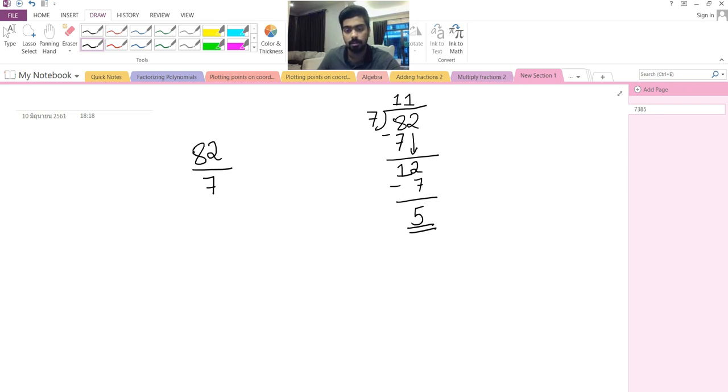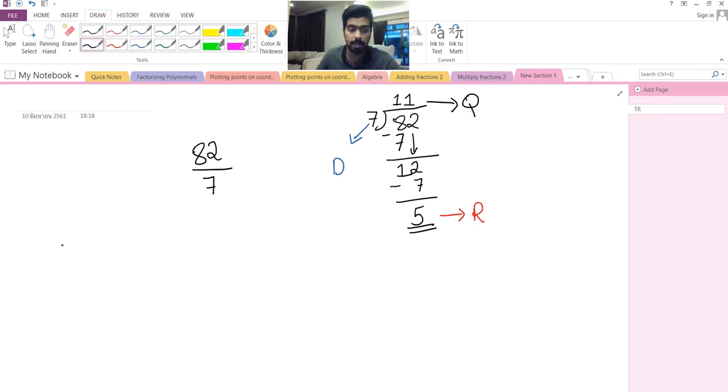Okay guys, we need 3 things in this question. So what do we need? We need our Q, we need our R, and we need our D. Very straightforward. So how can we write this?